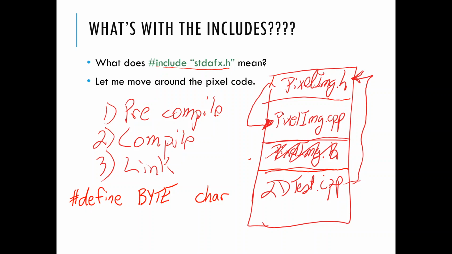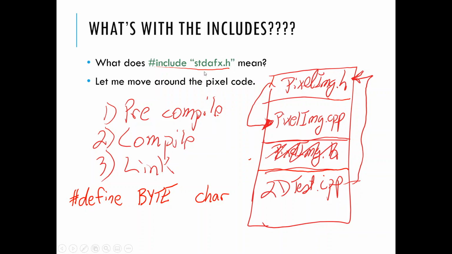If I don't know that order, how do I know which file needs to include pixelimage.h? I don't know. So I have to include it for both. This has to include pixelimage.h, and 2D test has to include pixelimage.h. And then I need some cute way, or some intelligent way, of only including this once, the very first time I hit it. So we'll look at that in a lot more detail soon.